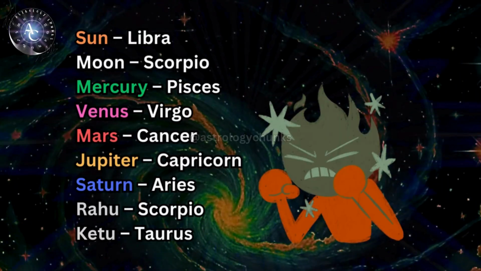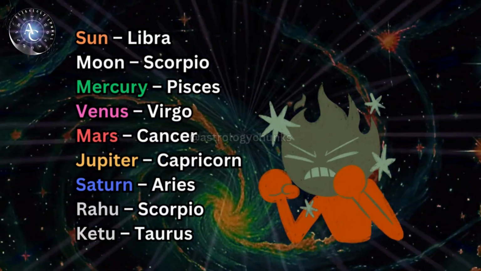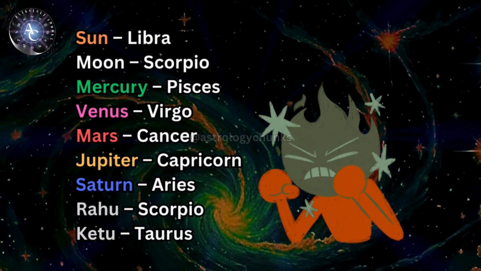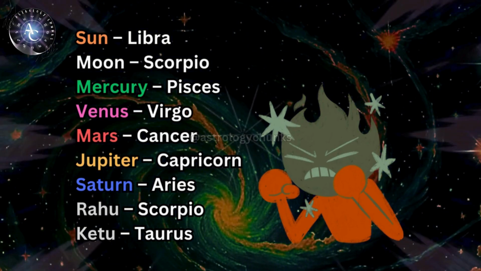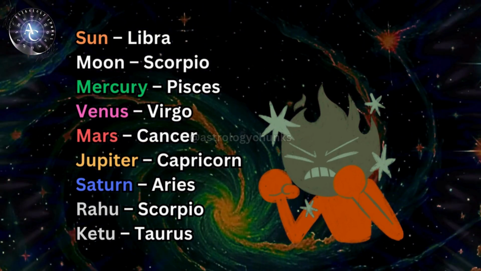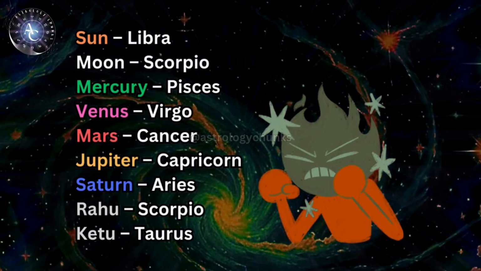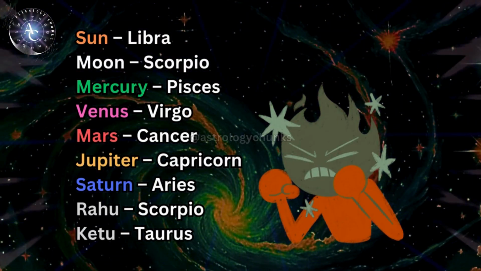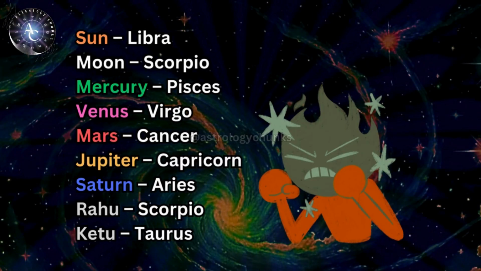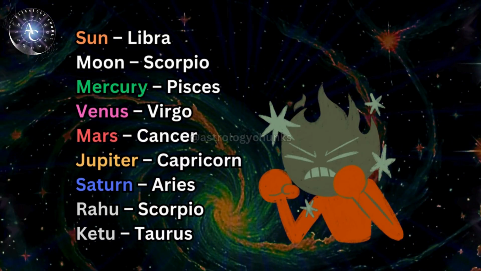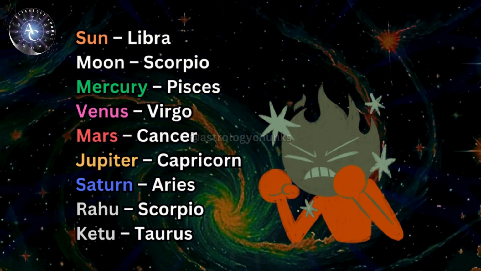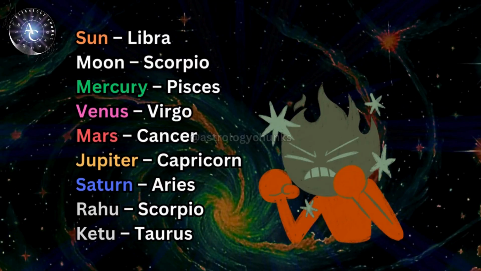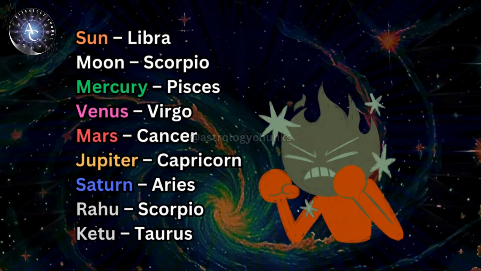Sun is debilitated in Libra, Moon is debilitated in Scorpio, Mercury is debilitated in Pisces, Venus is debilitated in Virgo, Mars is debilitated in Cancer, Jupiter is debilitated in Capricorn, Saturn is debilitated in Aries. For Rahu, the debilitated sign is Scorpio. For Ketu, the debilitated sign is Taurus. These are very weak placements for them.